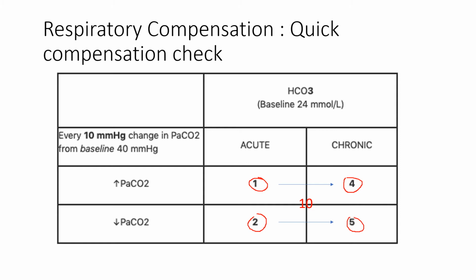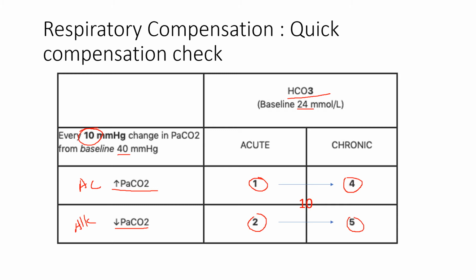Okay, so here we have a respiratory acidosis, as you can see, with high PaCO2. So this is acidosis, this is alkalosis, right, with our low PaCO2. Now for every 10 that the PaCO2 changes, you expect the bicarb to change by one of these values, 1, 4, 2, or 5, depending on acute or chronic. Let's take an example. Our normal bicarb is 24, and our normal PaCO2 is 40.